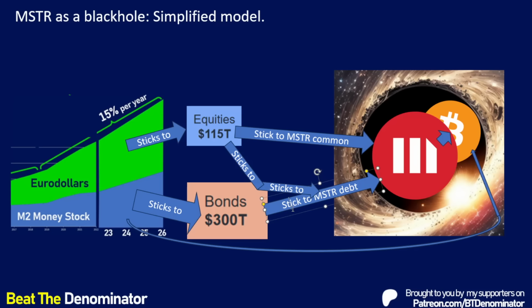And of course, the convertible debt is the most common debt that MicroStrategy has issued so far. But in the last call, we know that MicroStrategy is also looking at issuing regular debt. And so when you lend money to MicroStrategy by buying their bond, they invest that bond into Bitcoin.